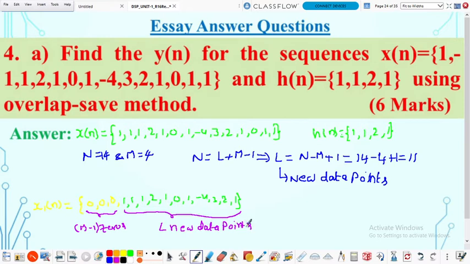And similarly, note down the second data sequence x2 of n.